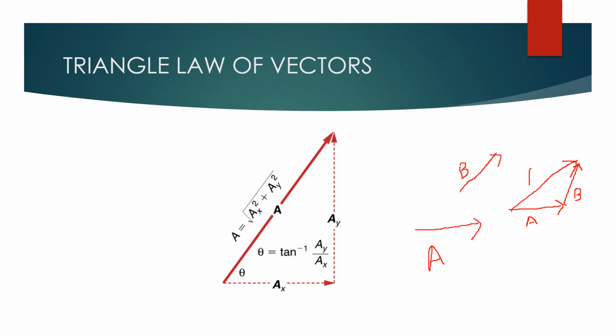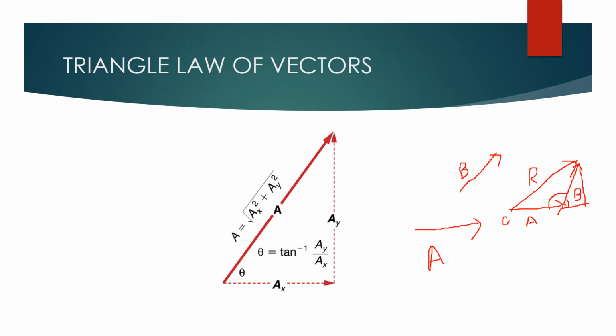To find this resultant vector, we apply the parallelogram law. Now here these two vectors are at some angle, and this angle is obtuse. So how do we find it? In that case, we use this triangle law. We drop a perpendicular and we extend this. A small construction is done, and then we have a triangle.